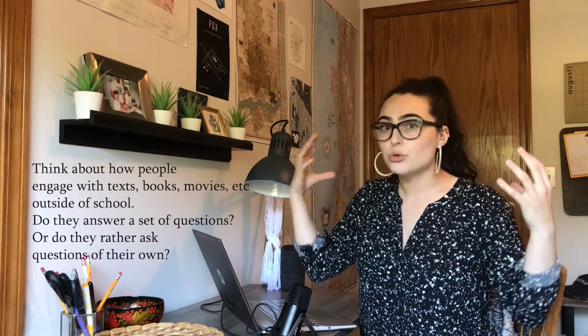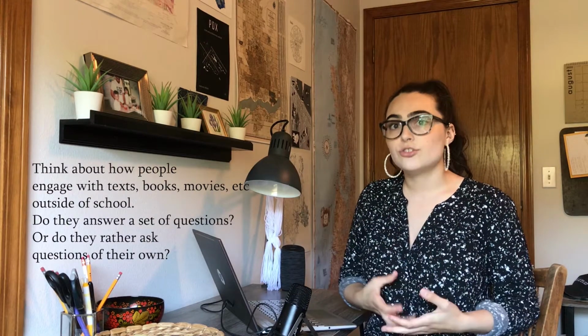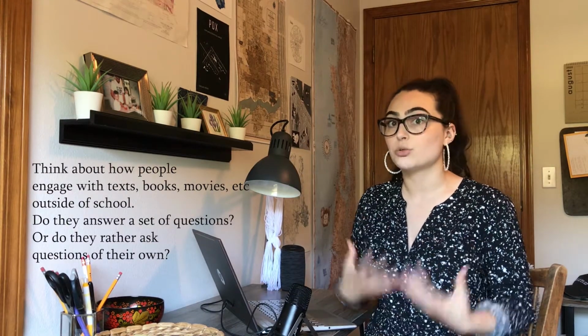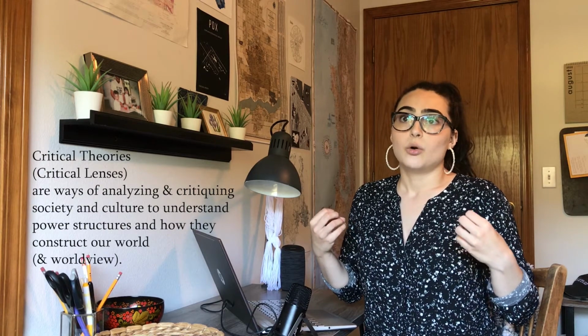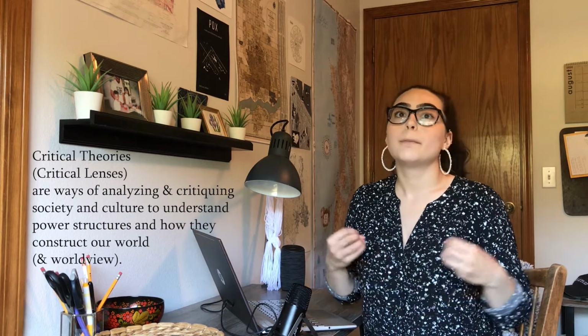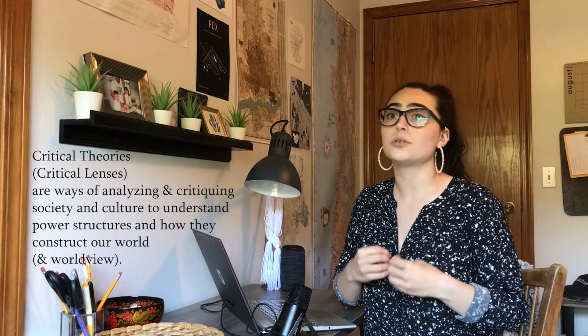So I spend the majority of my course time introducing students to critical lenses and critical theory, whether that's gender theory or archetypal or Marxist, critical race theory, introducing them to various different ways to look at a text and critically respond to it, instead of just doing what I use at the beginning of the class, which is trying to identify or not identify with the character or understand characterization.